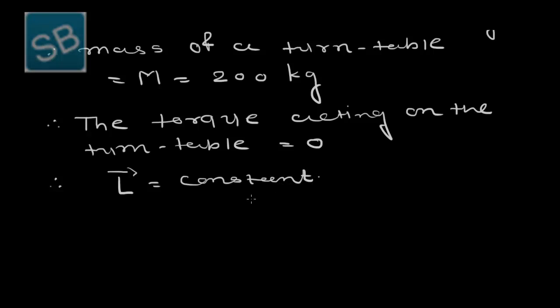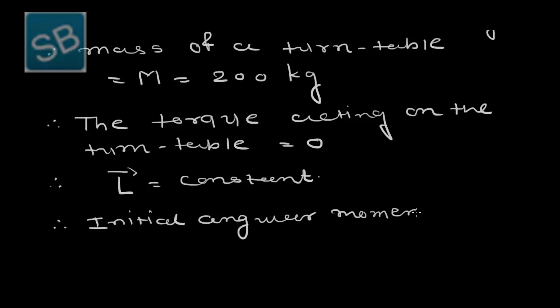So with the help of this, now I can study the initial angular momentum, and here I am combining the case of table as well as man. So the initial angular momentum of table and man is equal to the final angular momentum.